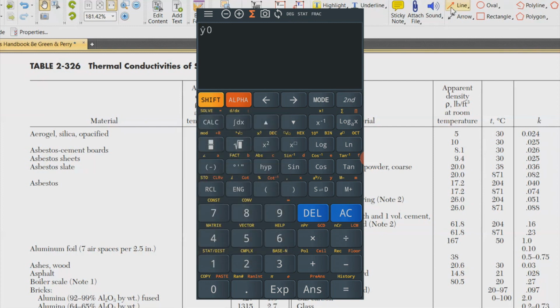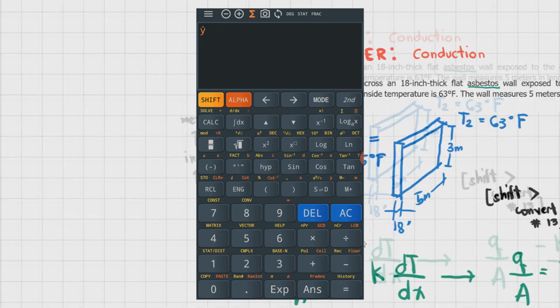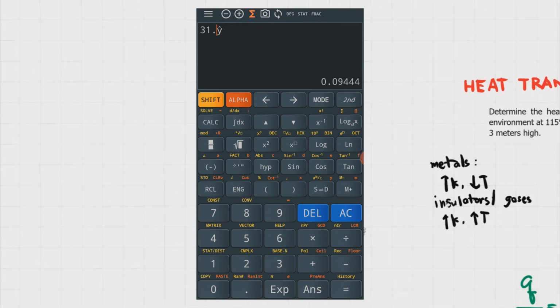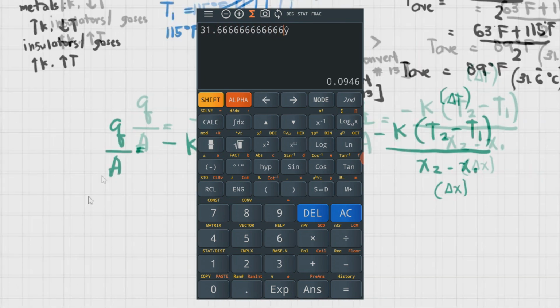And with that, the answer based on our interpolation is 0.0946.